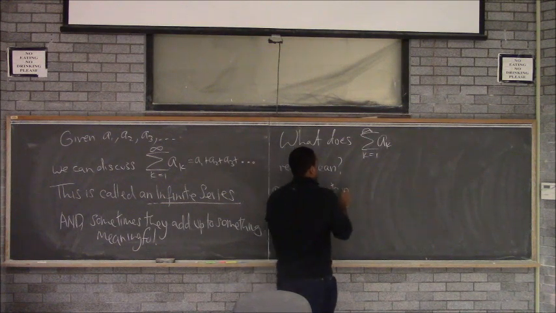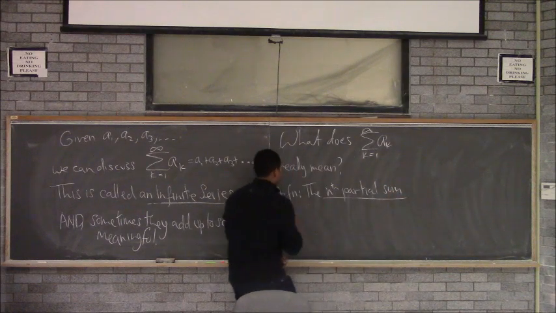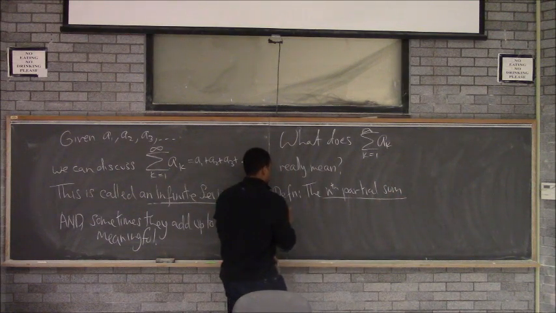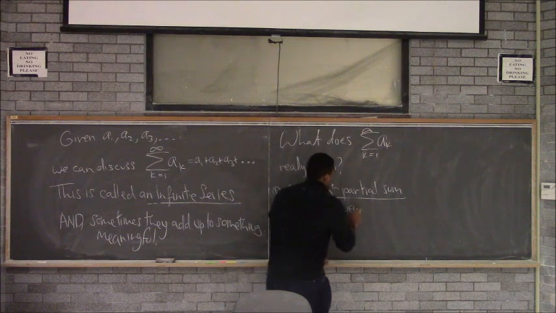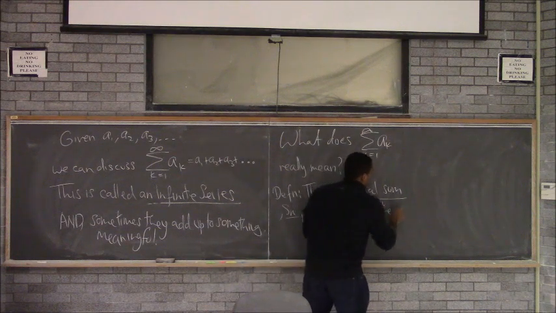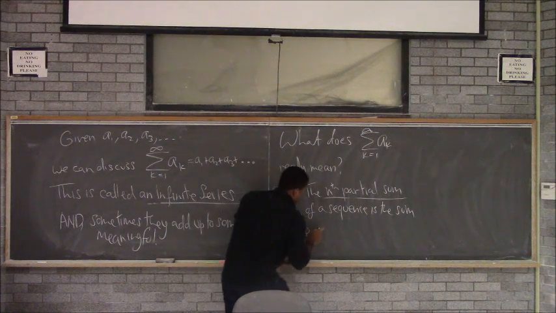The nth partial sum, Sn, that's the notation for it, of a sequence is the sum of the first n terms.